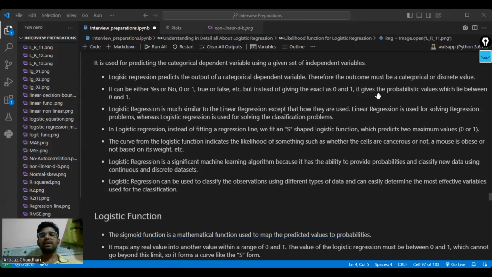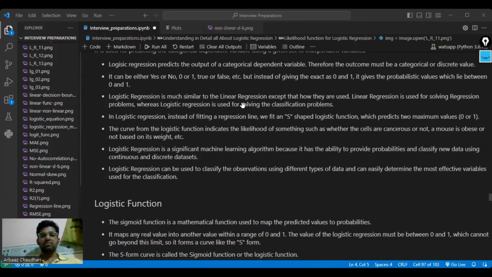Logistic regression is not giving us properly 0 and 1, yes and no. It is giving probabilities, with values ranging from 0 to 1.